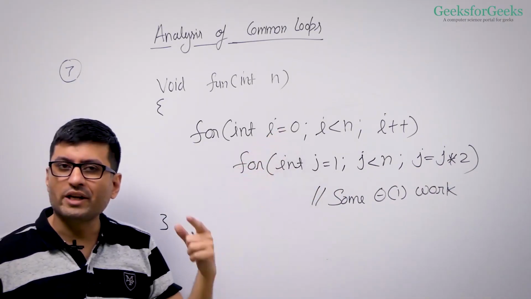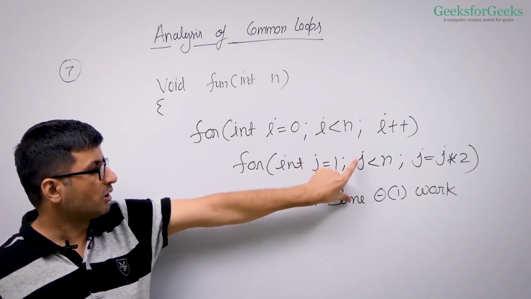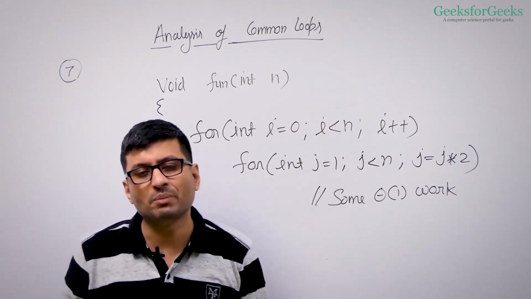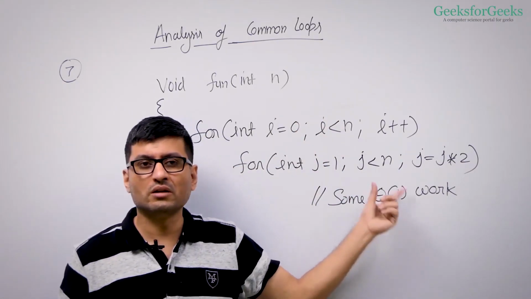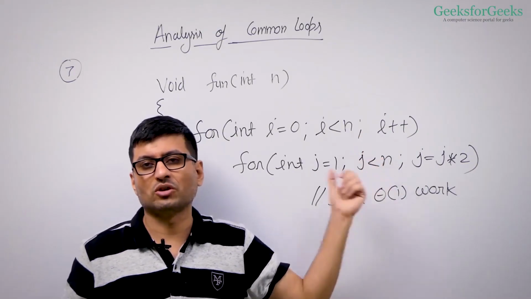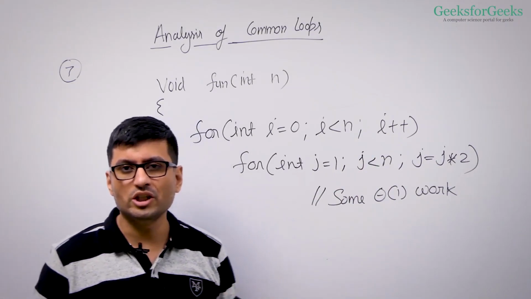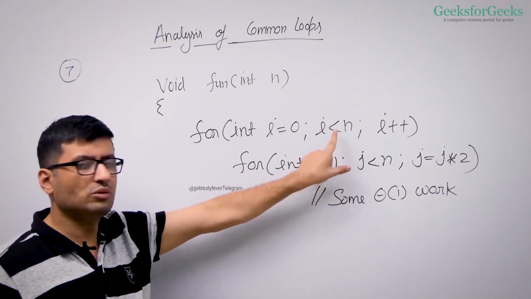So when you talk about nested loops, you simply multiply the number of times this loop runs and the number of times the other loop runs. The reason is simple. You have an expression which is going to run multiplication times, right? So the time taken by this function is going to grow equal to the multiplication of the order of growth of these two loops.